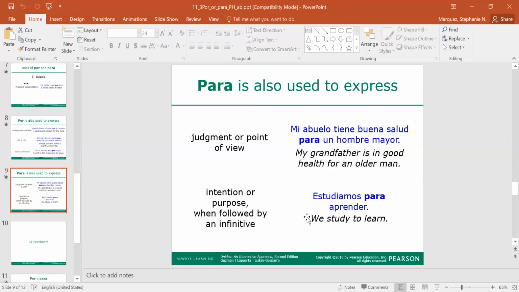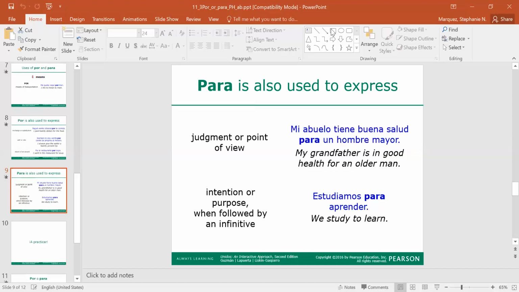Para recibir puntos de participación, in order to receive participation points. Para recibir, in order to receive, puntos de participación, participation points. So why do you come to class? In order to receive participation points. And why do you study? Para aprender, in order to learn.